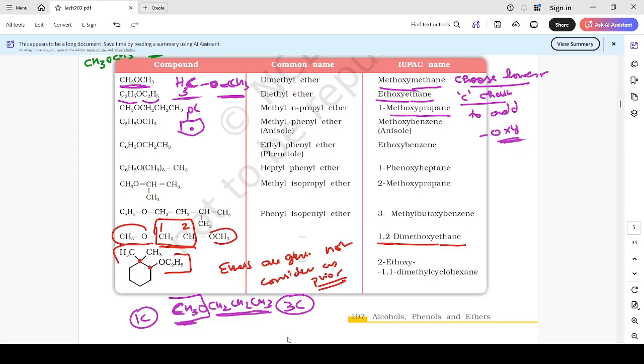You always look for the locant sum here. So in this case, if I am going to number this as 1 and this as 2, let us check the locant sum. 1 plus at the second carbon there are 2 substituents, so 2 plus 2, so totally it's 5.